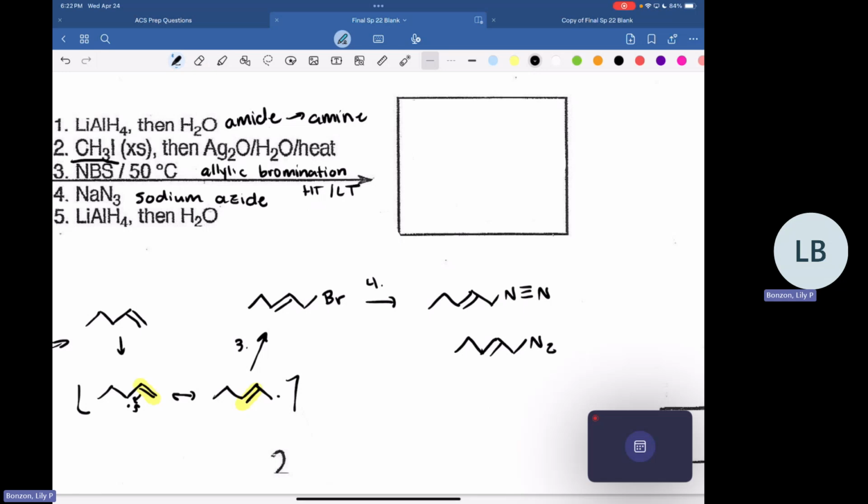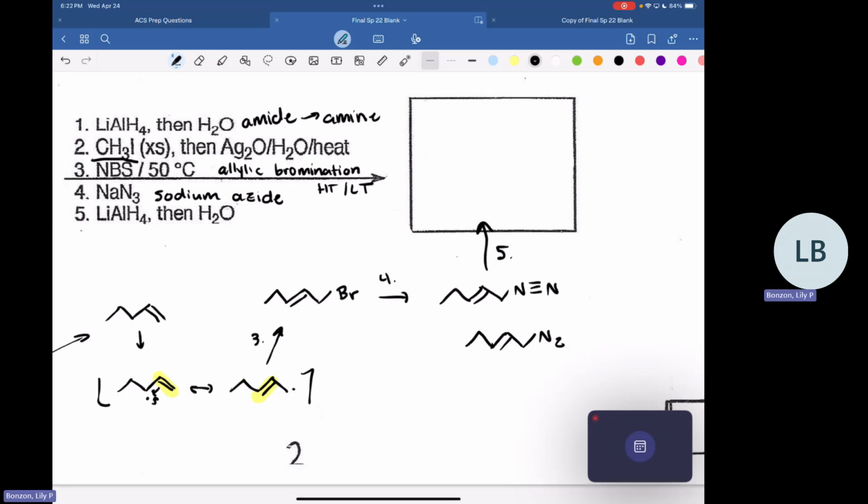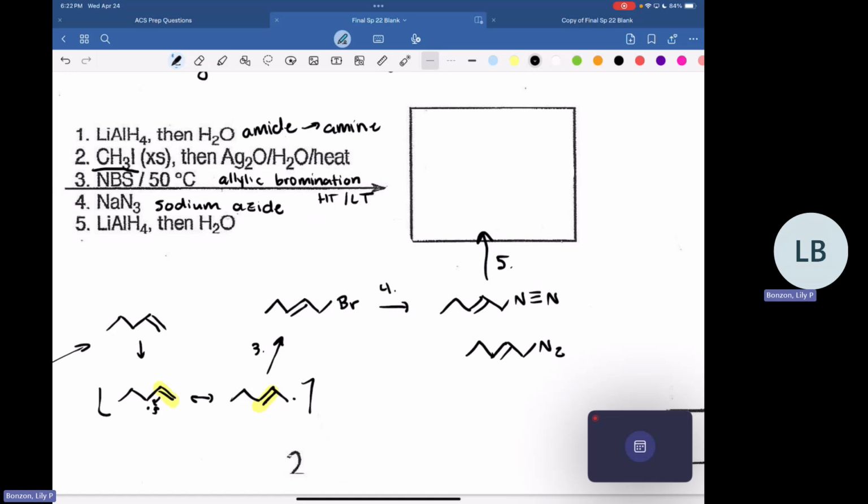This one is used to form a few things from nitrogen compounds. Again, this is the end of the chapter 19 stuff that you'll learn if you haven't gotten there already. Then we just have another step of reducing.